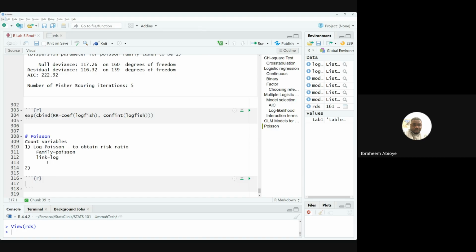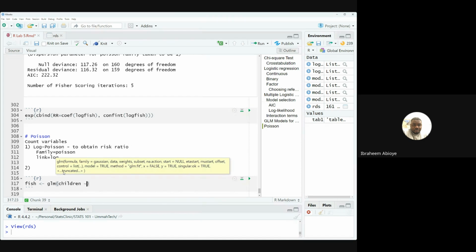Let's call that fish, because Poisson means fish. So we're basically going to label the model fish. GLM, and the outcome that we're interested in is children, tilde, and then the exposure we're interested in is gender.